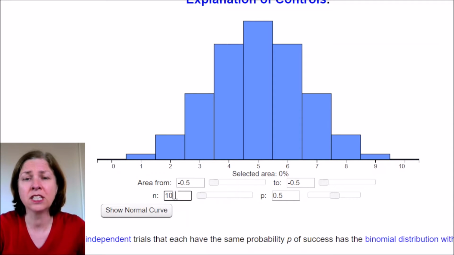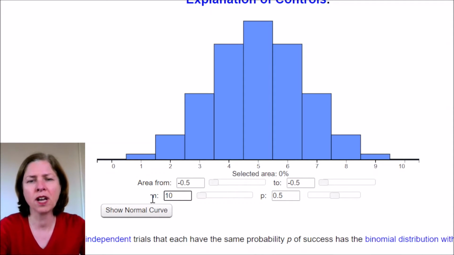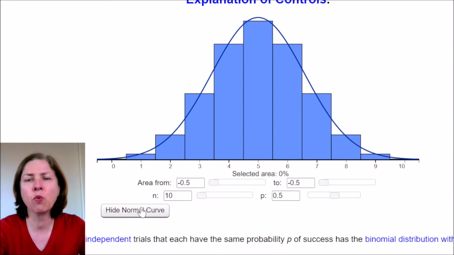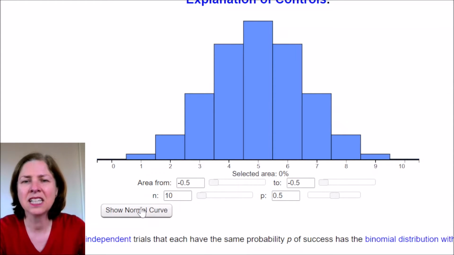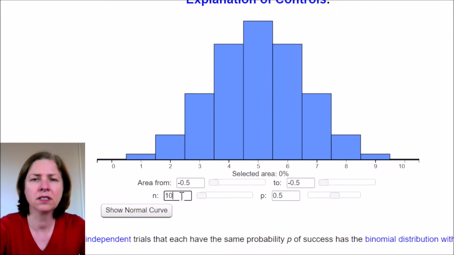So that's the first thing to notice, that I've got symmetry when p is 0.5. It looks a little bit like a normal curve if you blur your eyes. In fact, this is what the normal curve would look like if I put a normal curve to try and match this. It's actually pretty close, but of course there are a whole lot of differences. It's not entirely accurate. Now what happens when I go to n is 100?